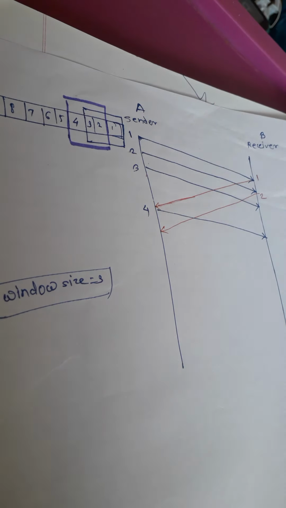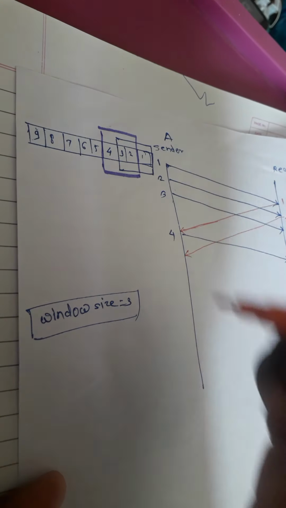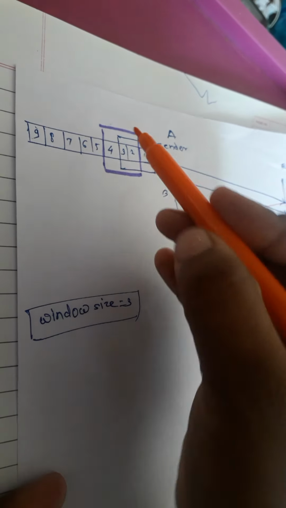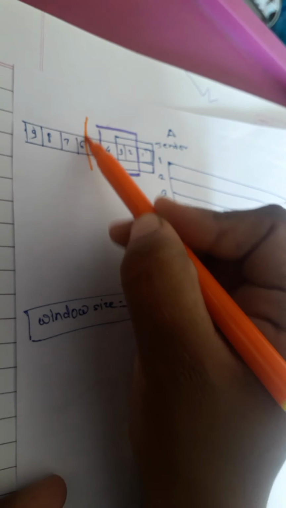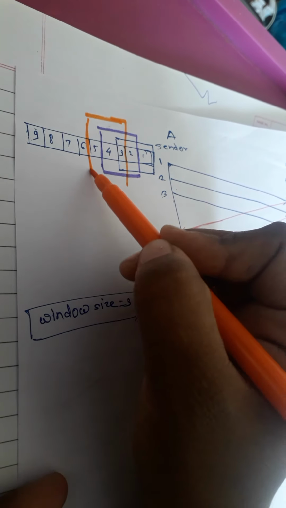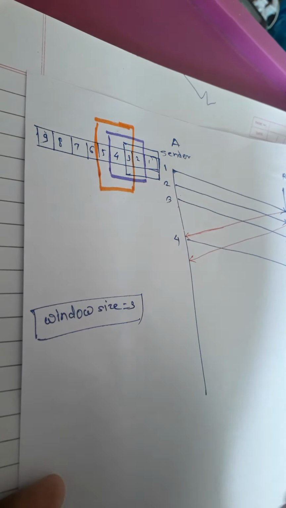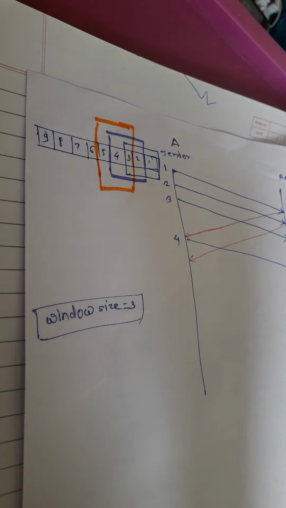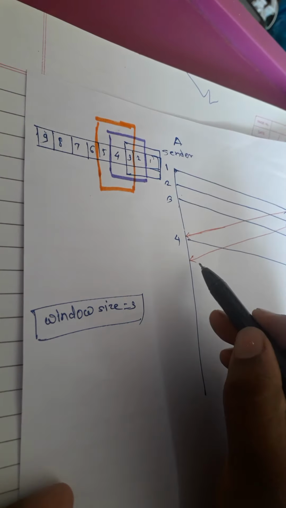Once the sender receives the acknowledgement for the second one, the window again shifts to the left, and now the window consists of the third, fourth and fifth frames. Third and fourth have been transmitted. Now the sender will transmit the fifth frame.